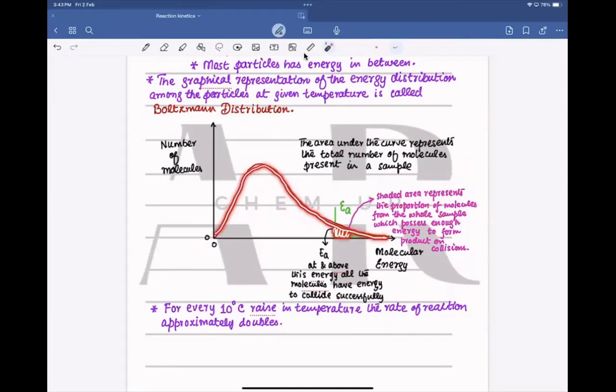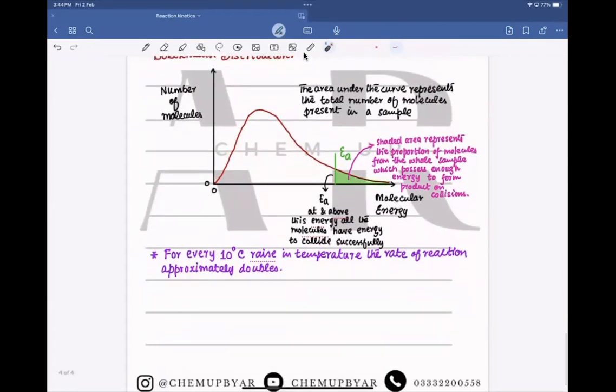Out of these, only the number of molecules which are present in this area will do the successful collisions and form product, and the rest of the molecules do not collide successfully. Is this clear? Yes, sir.